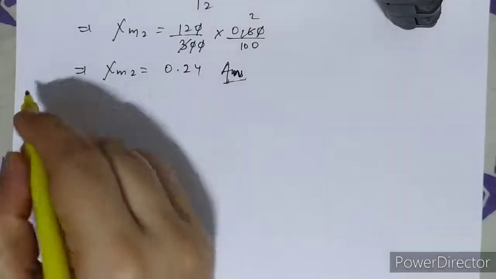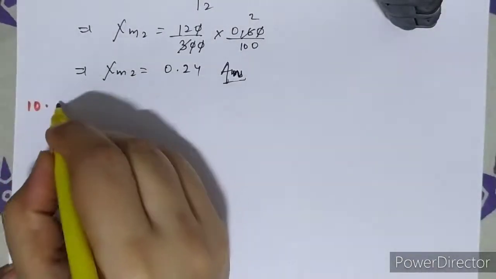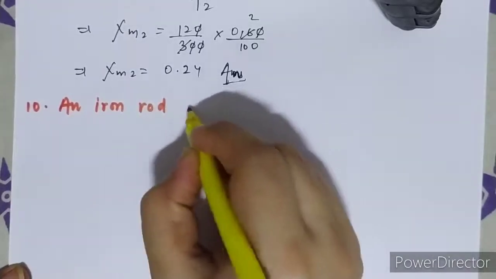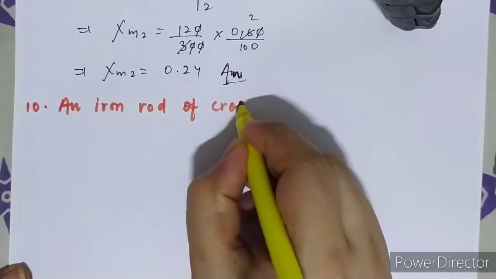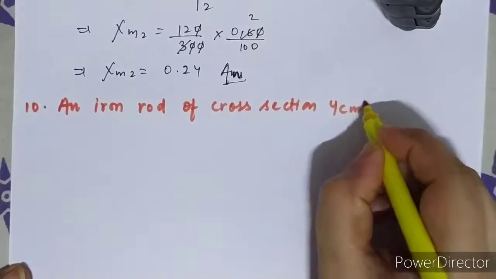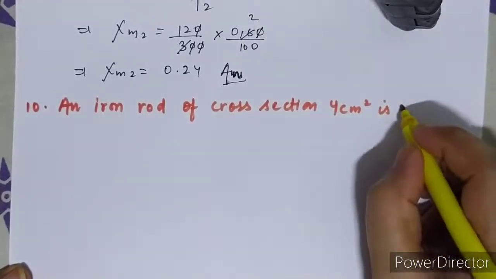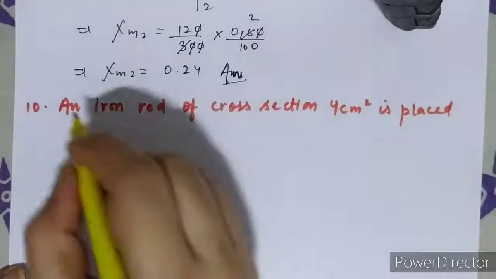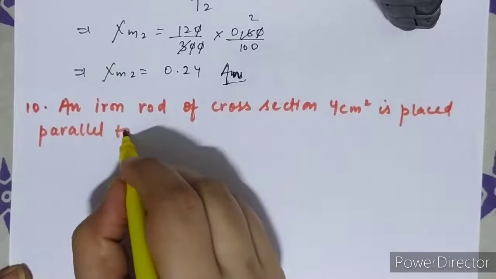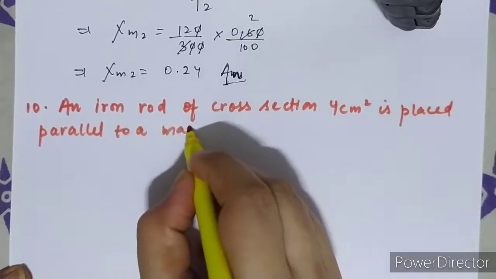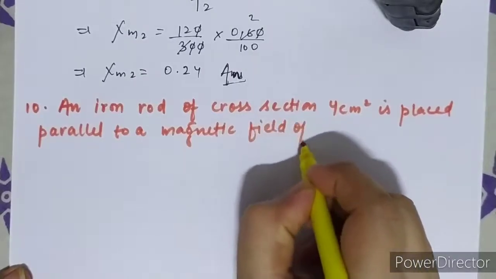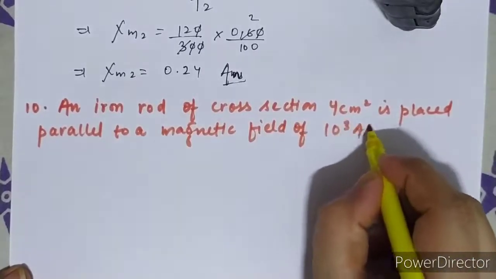Okay. And here is the question: an iron rod of cross section 4 centimeters square, this is the area, is placed parallel to a magnetic field of 10 to the power 3 ampere per meter.